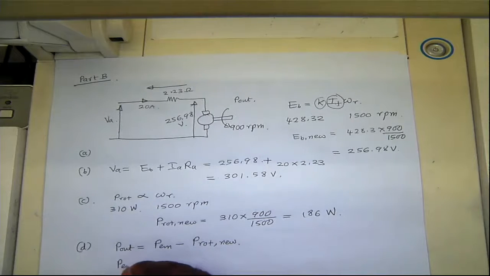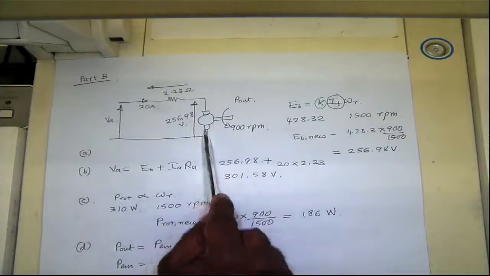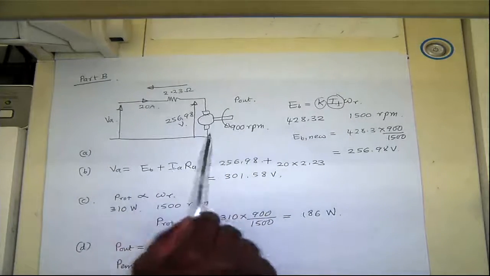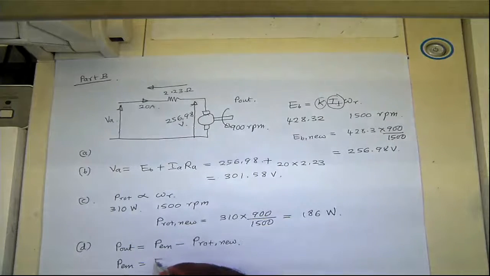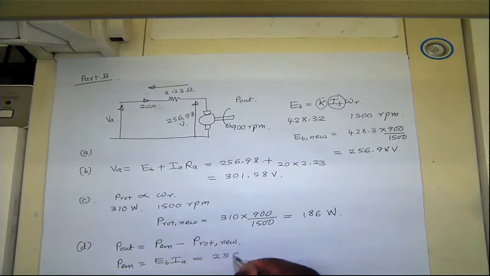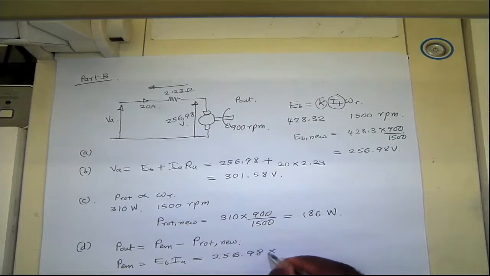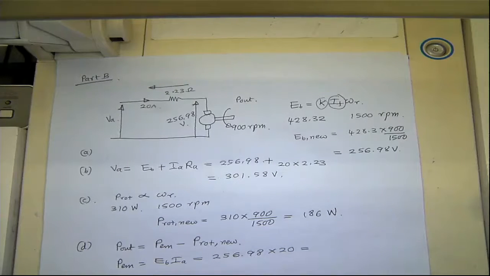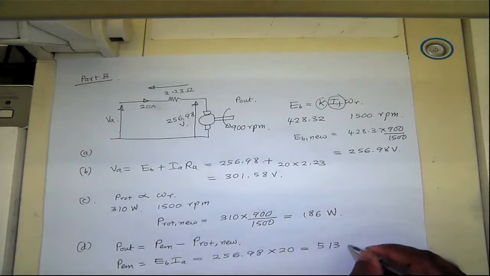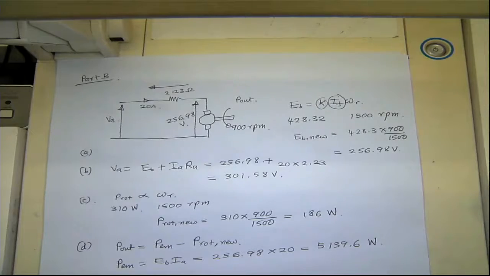PEM is the power consumed by this element, which is the voltage across the element times the current into that element. So that's the EB times IA, which is 256.98 times 20. That gives you the electromechanical power, which is 5139.6 watt.